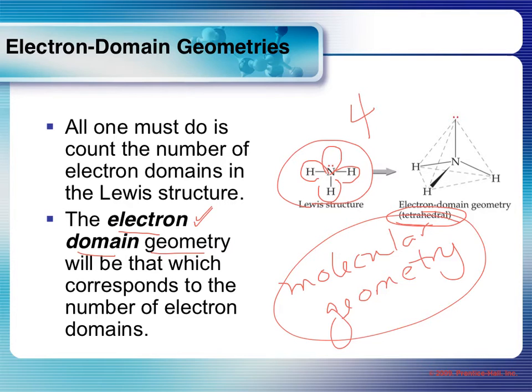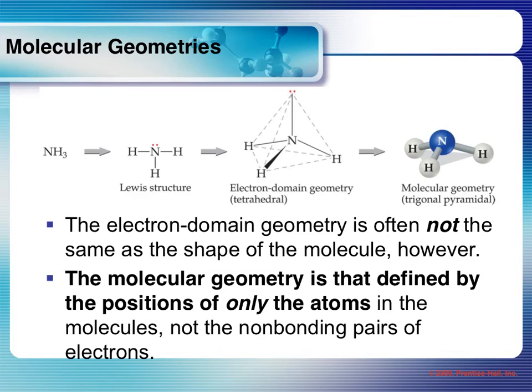However, when you talk about molecular geometry, it's just the geometry the atoms make, and so although that lone pair of electrons determined the general shape that ammonia would take, you then essentially cover up any lone pairs and look at what's remaining to decide how you would describe the molecular geometry. And it turns out, as you'll see, we're going to go through more detail, but this is called a pyramidal molecular geometry.